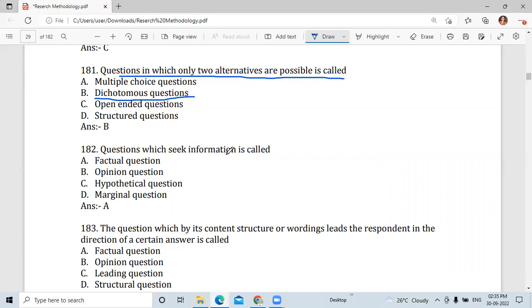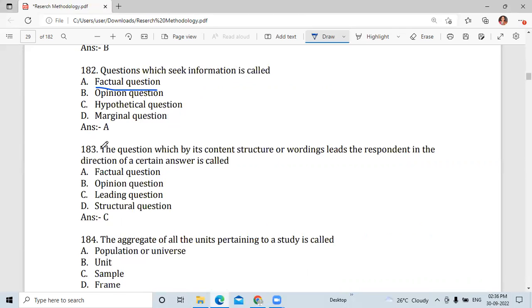Questions which seek information are called factual questions. Facts means information. Remember it like that.